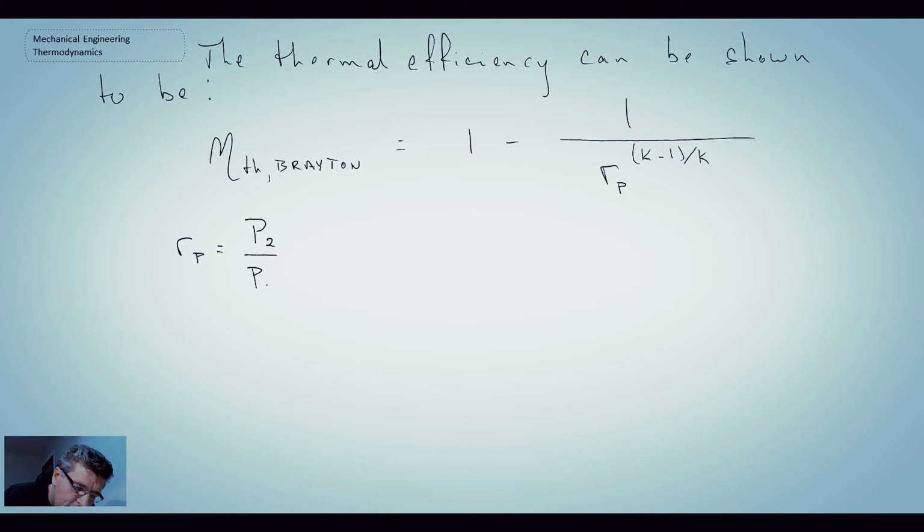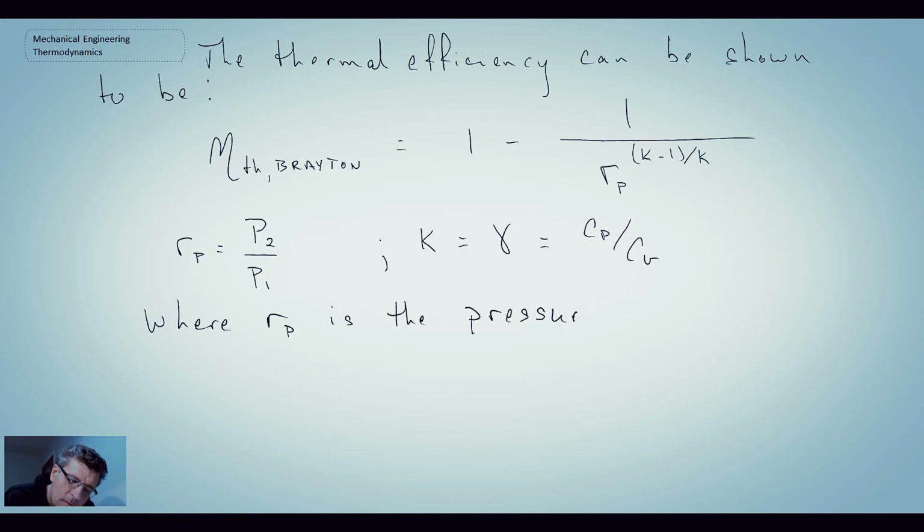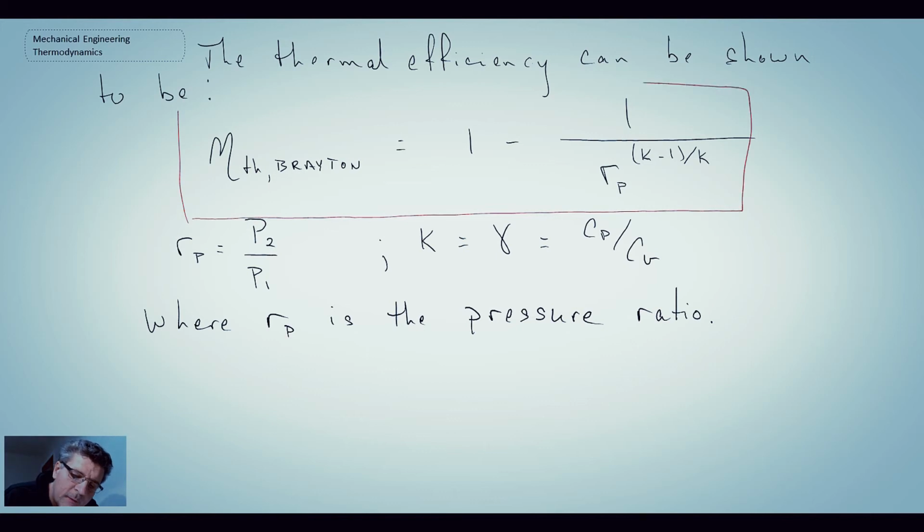So that would be P2 divided by P1. And again, k is the ratio of specific heats. Sometimes it is gamma, although we're not using it in this version of the course. Usually in gas dynamics, they use gamma. So r_p is the pressure ratio. That is the thermal efficiency for the Brayton.